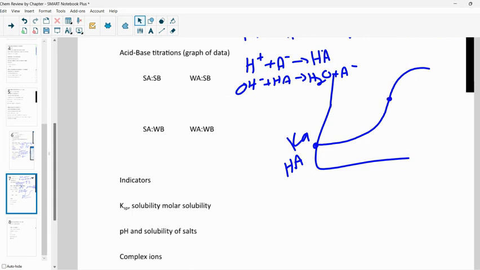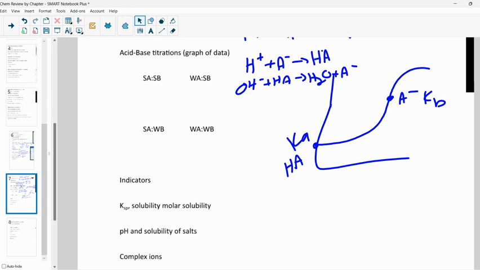At the equivalence point, now I have A minus. All my HA has been converted to A minus, and it's a Kb problem. This is the one where we would have two ICE boxes, one just to figure out how much A minus I have, and then one for the reverse reaction that occurred. HA plus OH, right, yielding the A minus and H2O, and then it's that reverse reaction.